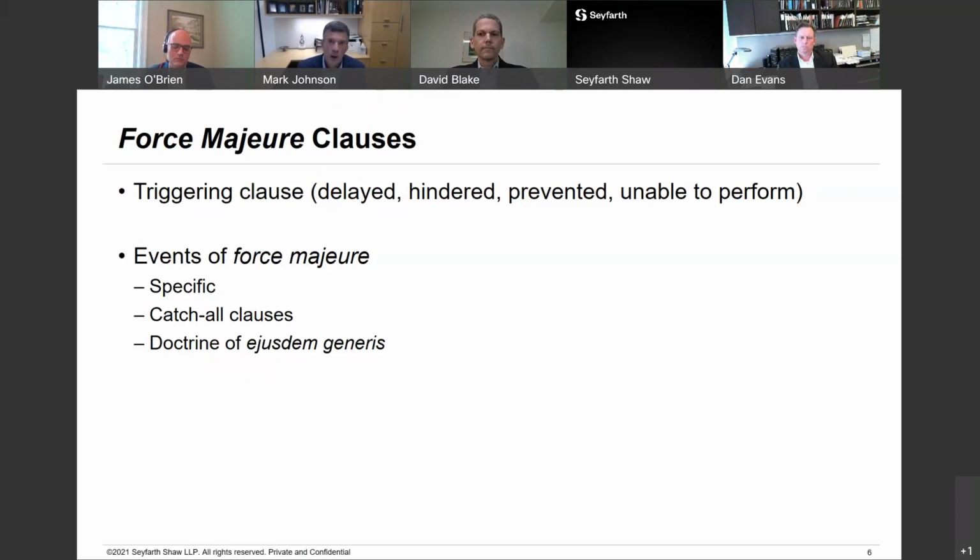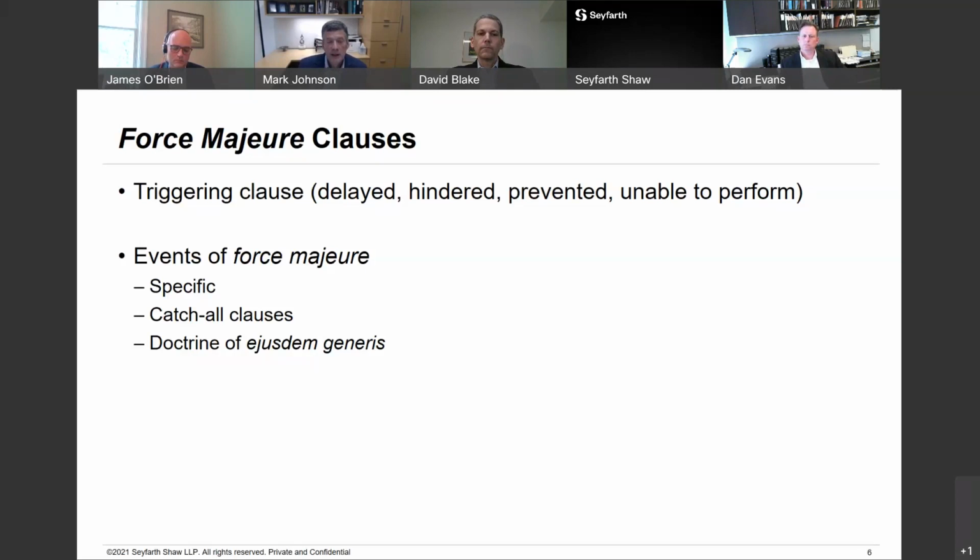There's a fairly well-established body of case law out there applying the rule of contract construction known as ejusdem generis, which simply means the general follows the specific. And in those situations, courts have concluded that catch-all language is not to be given its widest possible scope, but is limited to only the events that are of the same general class as those specifically identified.